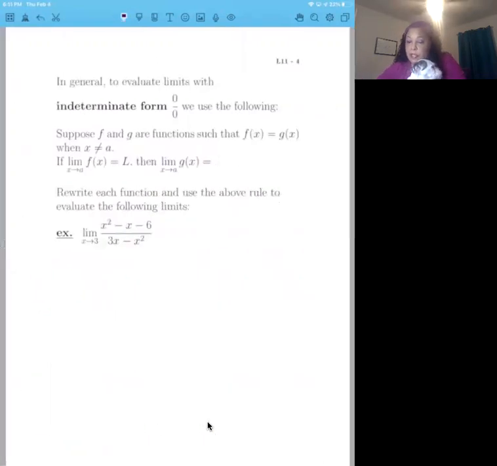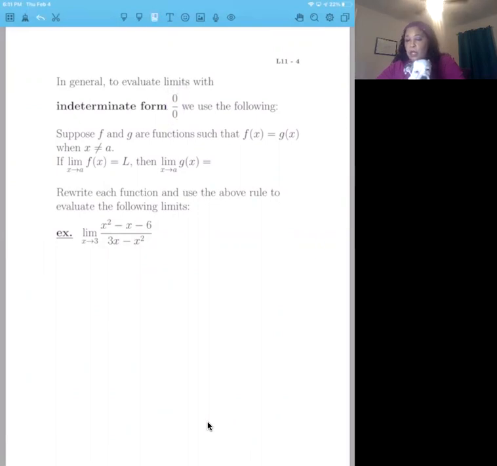All right. Now, a lot of times we have something of the form 0 over 0. We don't learn as much about this in this class. If you take the STEM calculus, you learn about L'Hopital's rule.